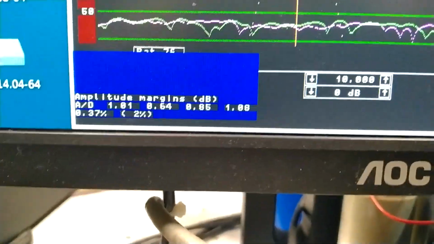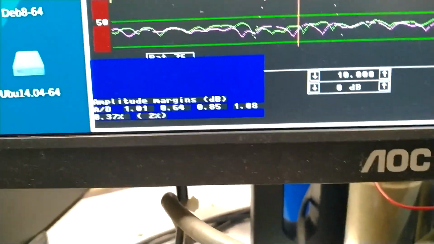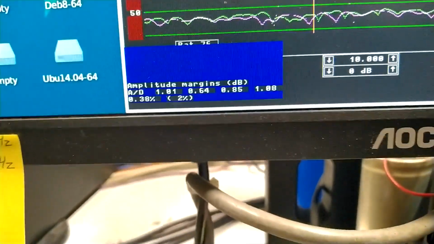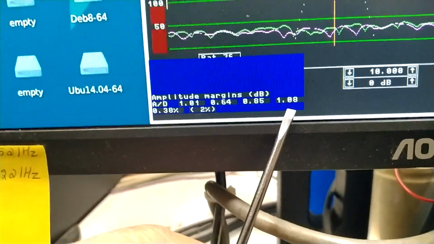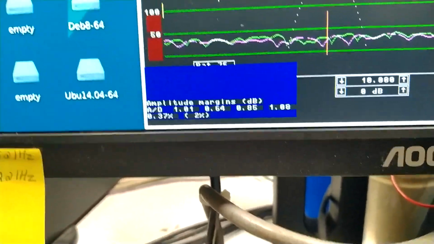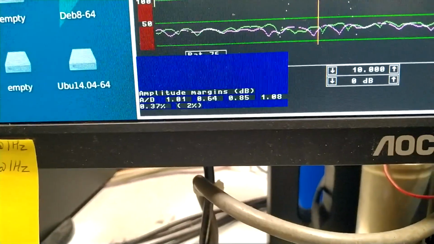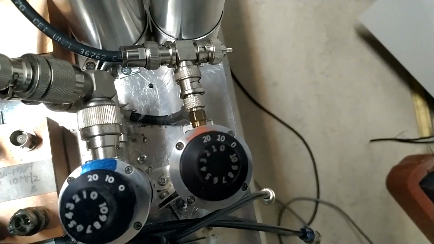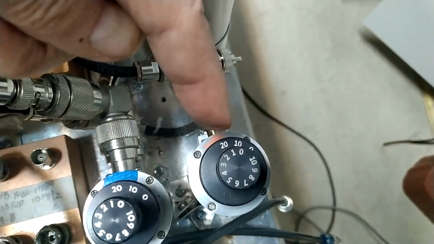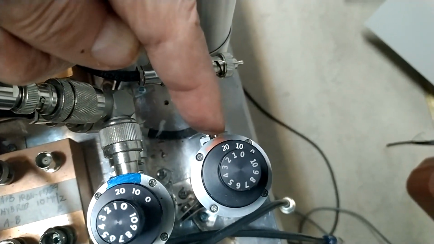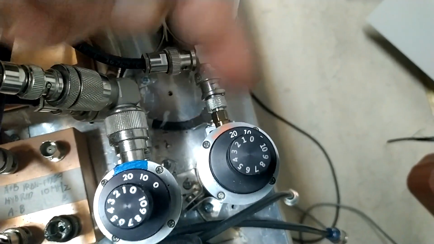The level 16.89 gives me an AD margin to the saturation point in channel 4 of 1.08 decibels. And that is with the channel 2 attenuator, this one set to 21 decibels.